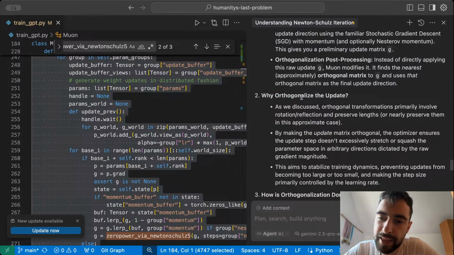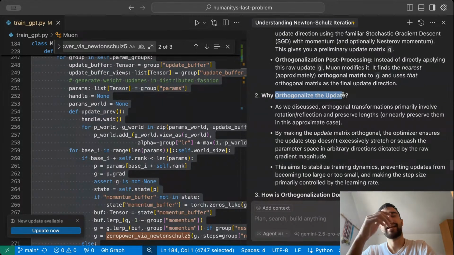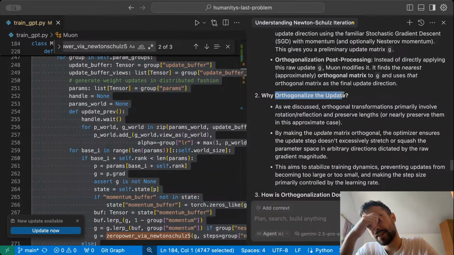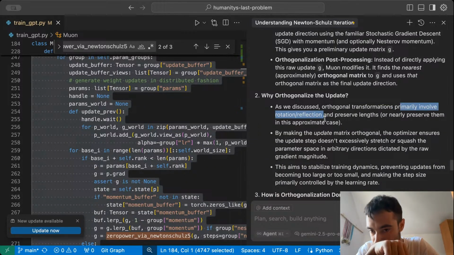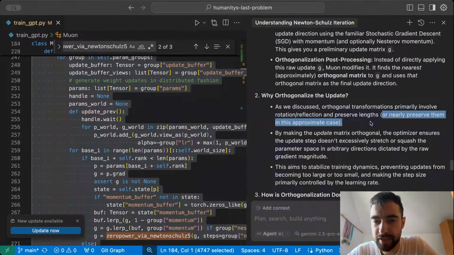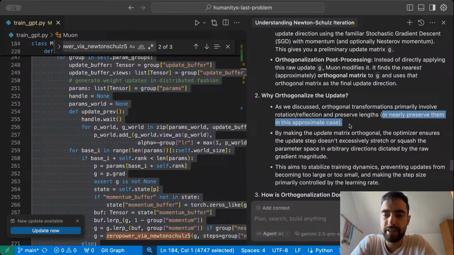Why orthogonalize the update? I can't remember. As we discussed, orthogonal transformations primarily involve rotation and reflection, and preserve lengths, or nearly preserve them in this approximate case.